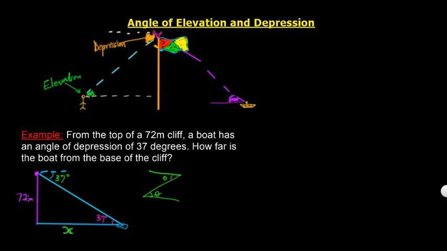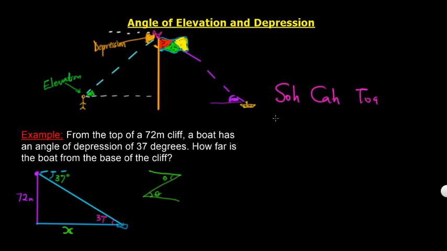So we have opposite and we are looking for adjacent. For a right angle triangle where we have opposite and we are looking for the adjacent, and we have this angle given. Remember, we have SOH CAH TOA, opposite and adjacent. So we are going for tan 37.